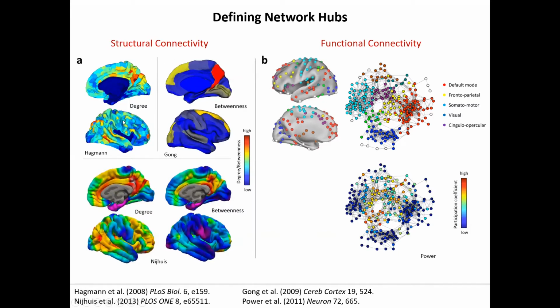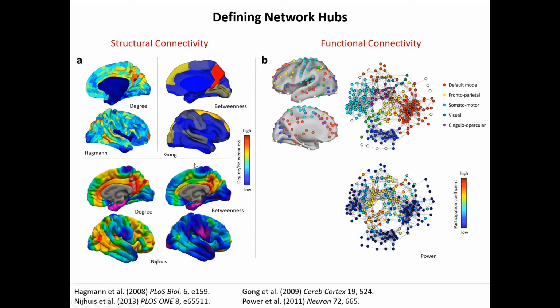And in the case of structural connectivity, a few examples are shown here. If we want to identify central parts of the network, nodes that are centrally positioned in terms of topology, that have many connections and lie between many of the other nodes in terms of shortest paths, we can do that.